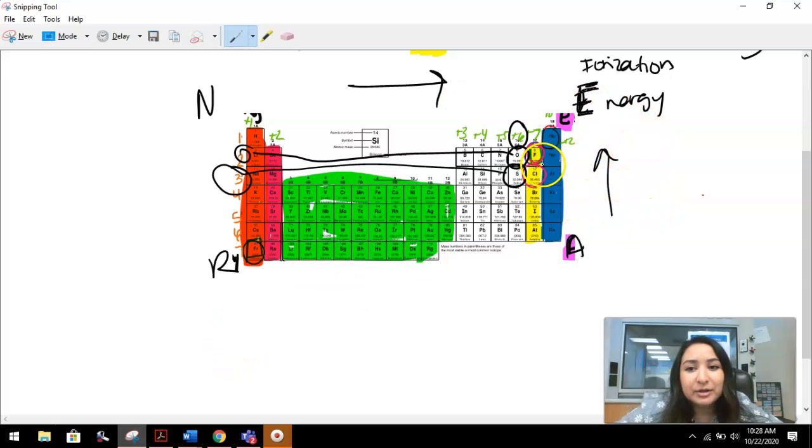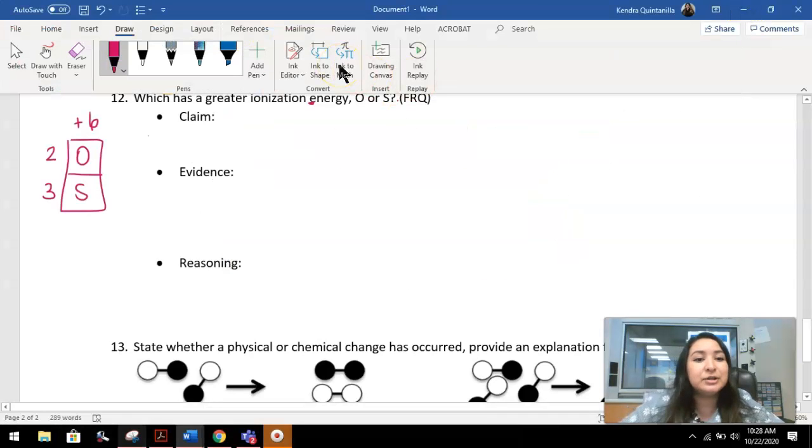So whichever one's closer to the E, between oxygen and sulfur, which are right here, oxygen's here, sulfur's here, which one is closer to the E? Well, because oxygen's a little bit more up, it is the one that is closer. So oxygen has the greater ionization energy.